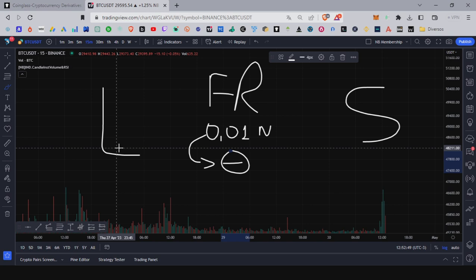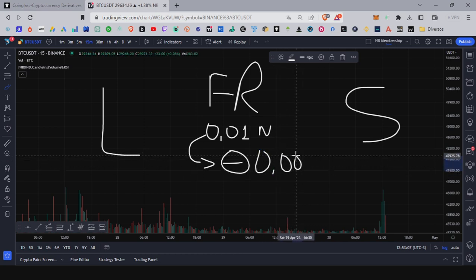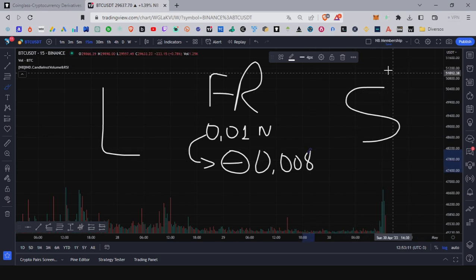Let me correct this: we have more margin placed in shorts than in longs, right? So the funding rate will appear more or less like this, for example, minus 0.08. So it means money is on short positions, right? Sorry, English is not my mother language.